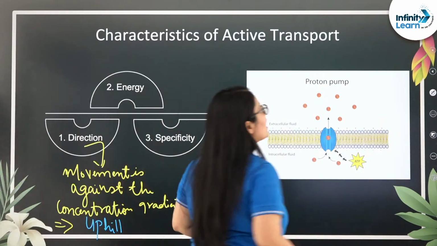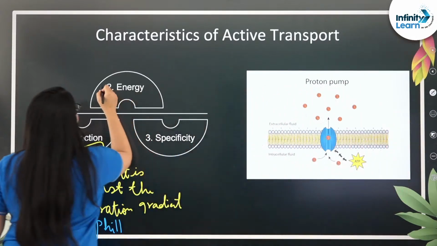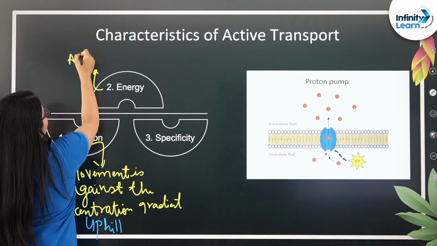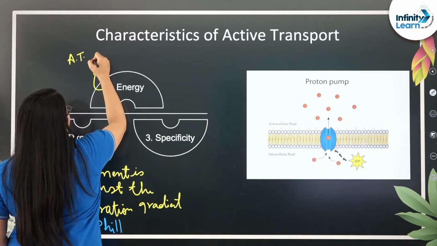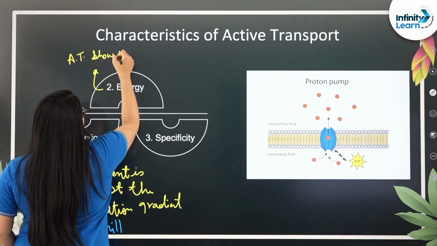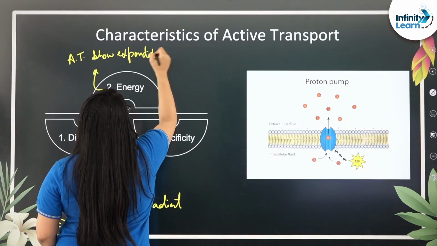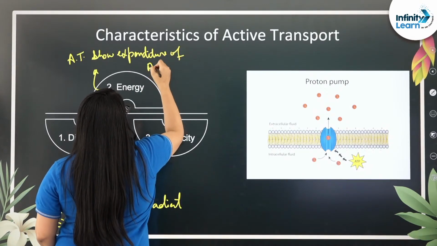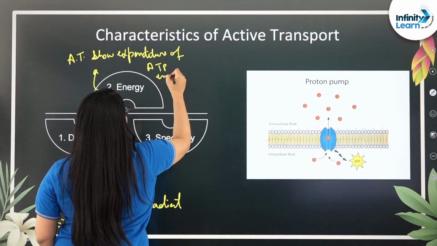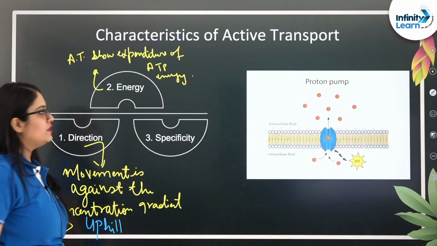Now let us talk about energy. Yes, energy is definitely utilized. So AT means active transport. AT shows expenditure of ATP energy, right? So energy is definitely getting utilized in form of ATP, right?